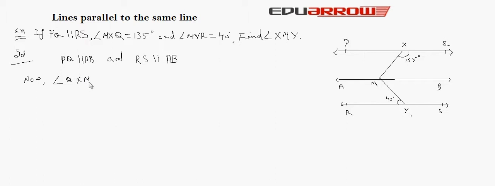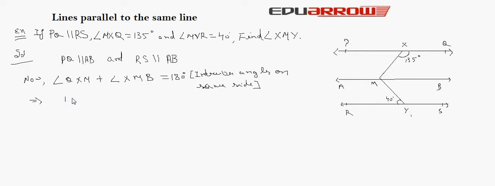Now, angle QXM plus angle XMB is equal to 180 degrees, as they are interior angles on same side, and we know that the sum of the interior angles on same side is 180 degrees.